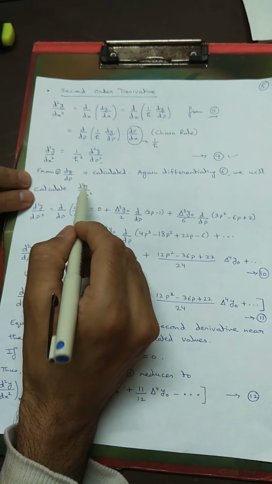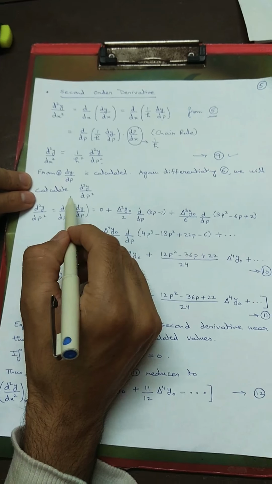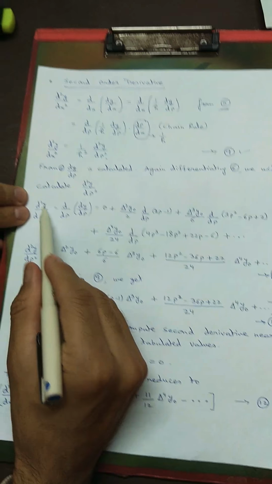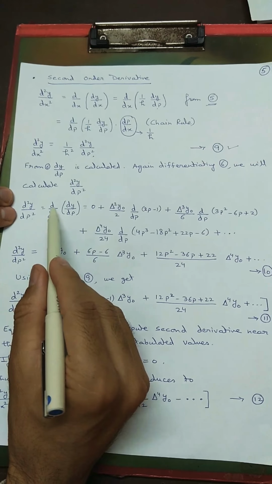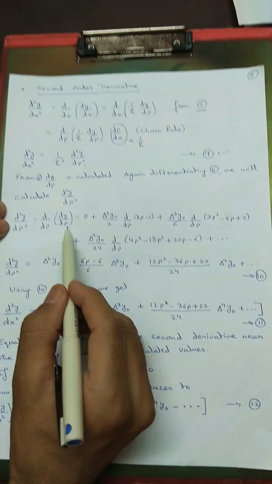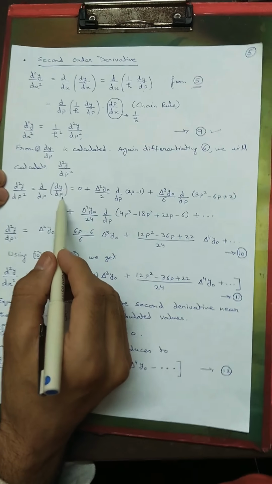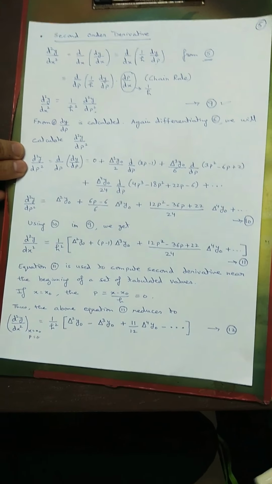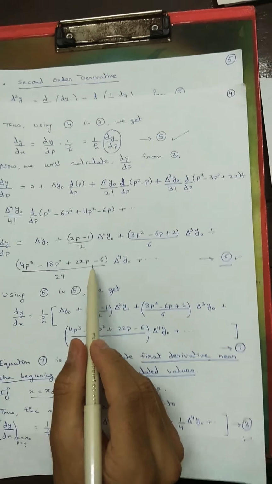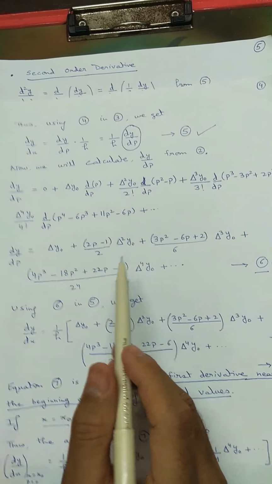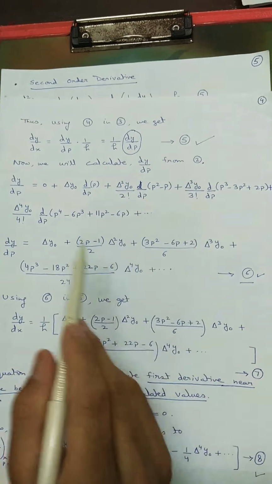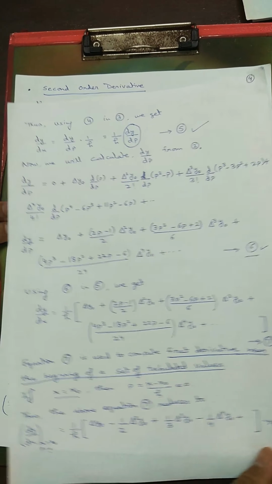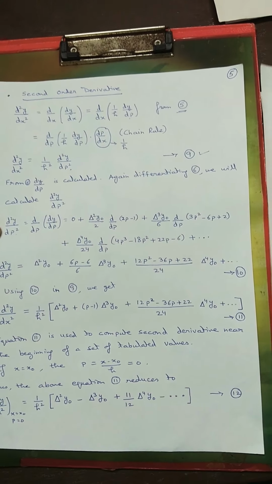So we need to calculate now the second order derivative d square y by dp square. Now how do we calculate d square y by dp square, which can also be written as d over dp of dy by dp? As we have already seen, dy by dp we have already calculated in equation number 6, as you can see it here. So I'll be using this equation number 6 to calculate the second order derivative.